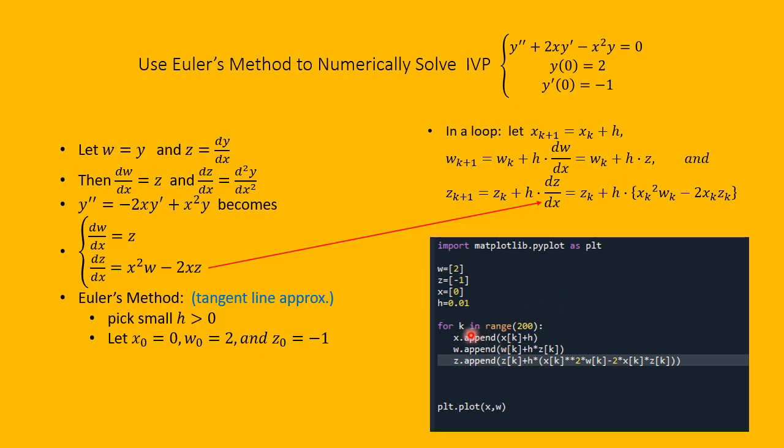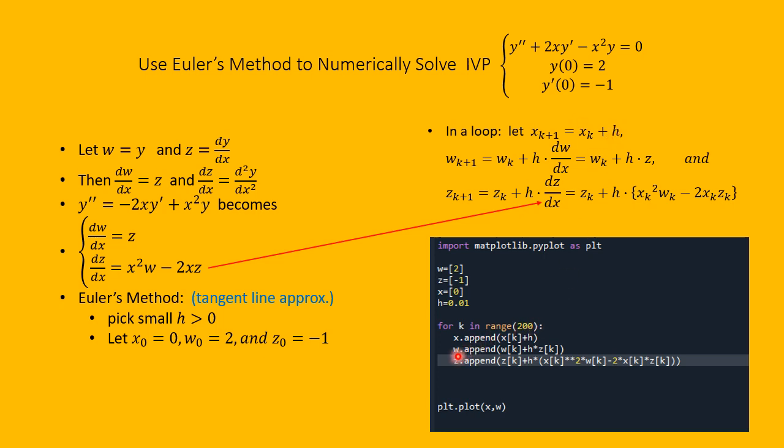So for k in range 200, which actually means that the k values will go from 0 through 199, I'm going to calculate the x sub k plus 1 value and put it in the list. x.append(x[k] + h). Remember, down here somewhere, here it is right here, x of k plus 1 equals x of k plus h.